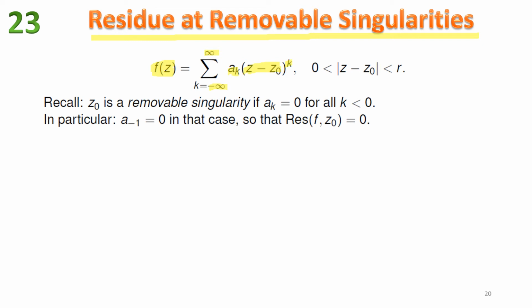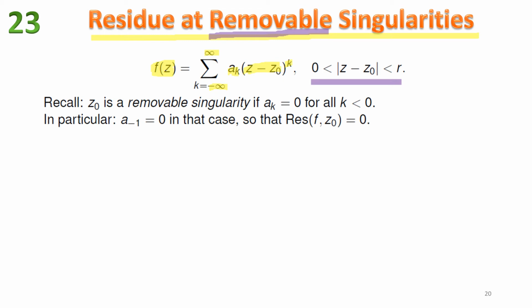And here we consider that mod of z minus z0 is lying between 0 and r. So z0 is the point of isolated singularity, and now we are going to talk about removable singularities.